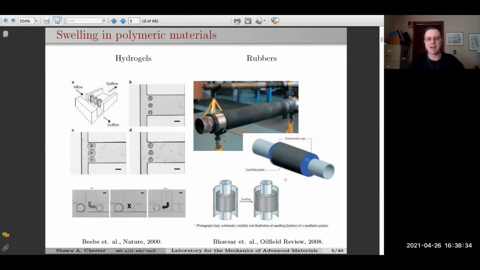So why would anybody care about this? Well, there's a couple of reasons for it, and I think some of them are pretty interesting. On the left side of the screen here, you see an example that's now 20 years old of microfluidic valves. And nothing particularly fancy these days, right? Old technology, but back then, having the valves open and close was a novel idea.